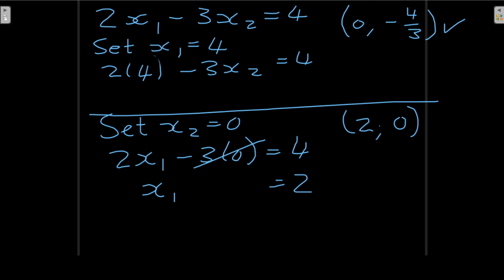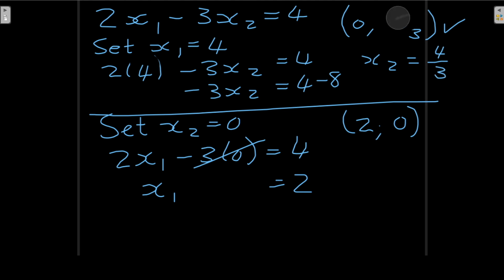So I have minus 3x2 is equal to 4 minus 8, or just minus 4. So that means that my x2 must be equal to minus 4 divided by minus 3, which will give me a positive 4 over 3. So my x1 is a 4, and my x2 is positive 4 over 3.